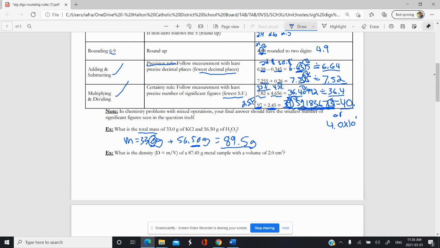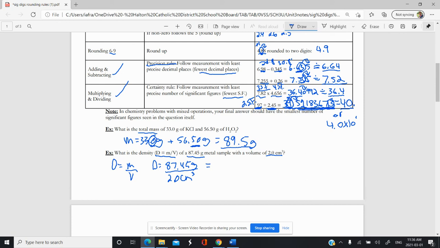And then, of course, we can do a problem where we have division. So what is the density of an 87.545 gram metal sample with a volume of 2.0 cubic centimeters? And so our density formula is D is equal to M over V. We have a division happening here. So our density in this situation is going to be 87.45 grams over 2.0 cubic centimeters.